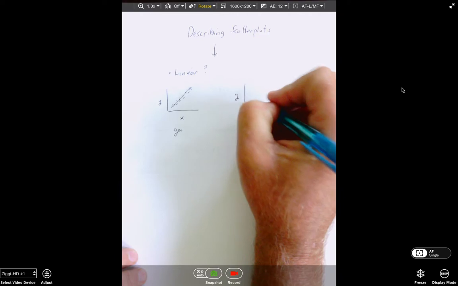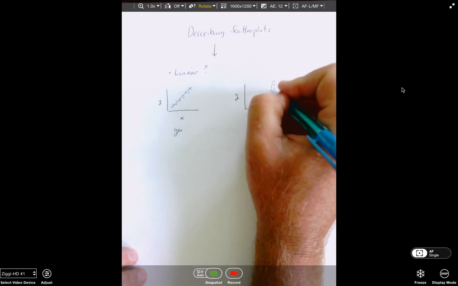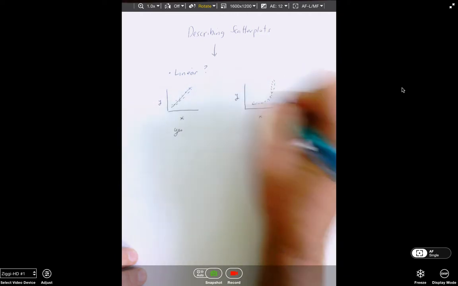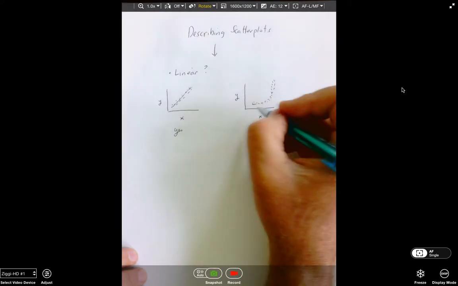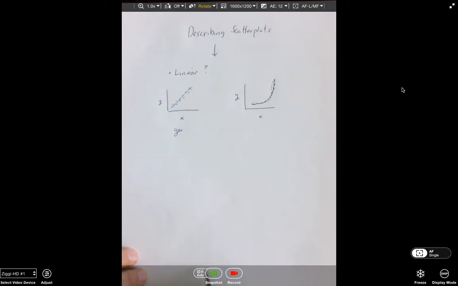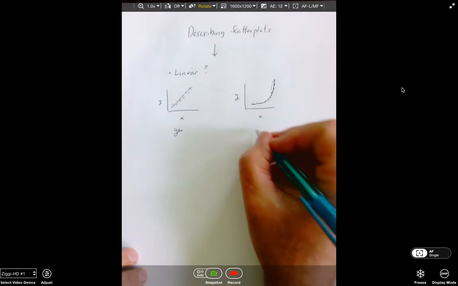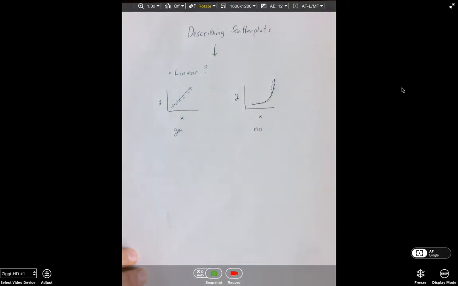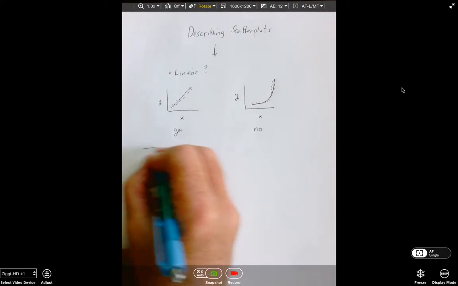If we have points that look something like this, and the line that seems to fit the data best isn't a straight line, then we do not have a linear relationship. All right?